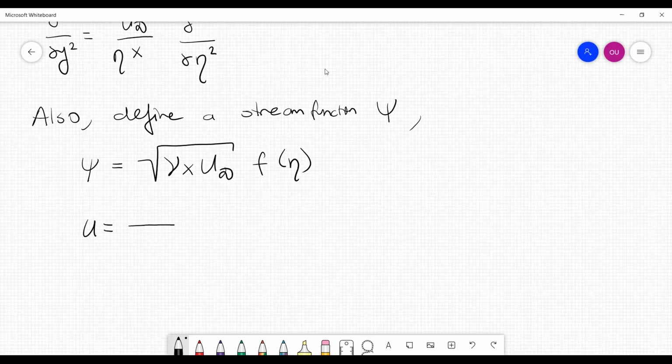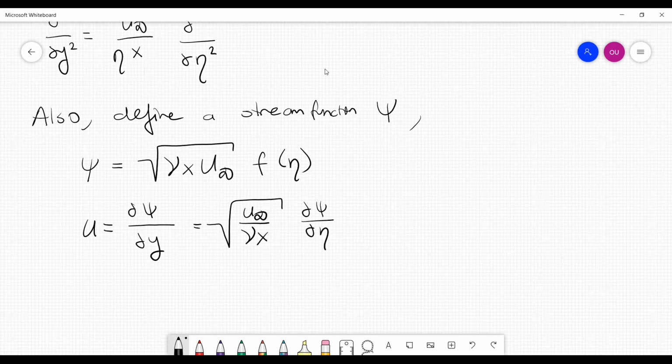If we get the derivative of psi with respect to y, that must be equal to the u component of the velocity, and one can show that this is actually equal to u infinity over nu x times d psi over d eta, and this can be written basically as u infinity times the d psi over d eta.